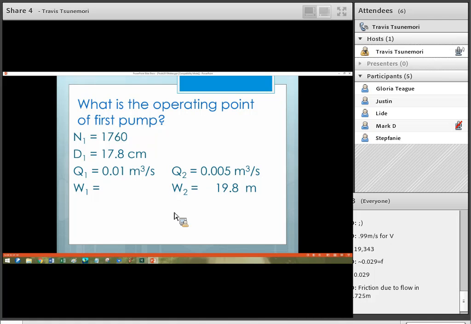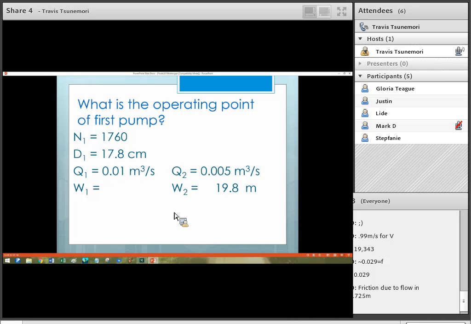So for the first one, N is 1760 and the diameter of the impeller is 17.8 centimeters, and the original volumetric flow rate is 0.01 meters cubed per second.